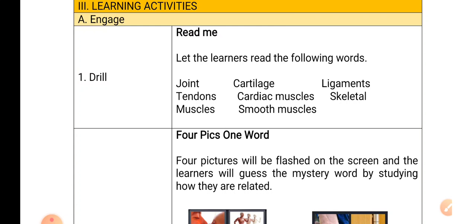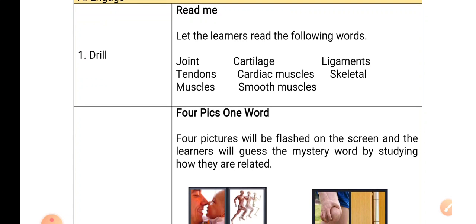But in the case of our class, I prefer more if it is connected with your topic. Like for example, this one. We have the read me. So you will let your students read the following words. And these words were of course discussed as part of the organ systems of the body.